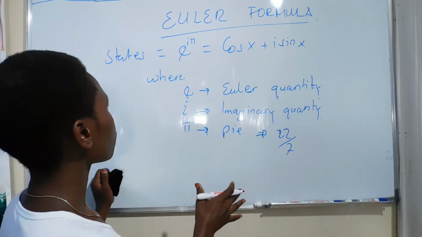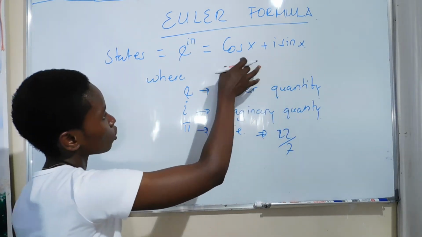So the definition of Euler, this thing stands for this one.